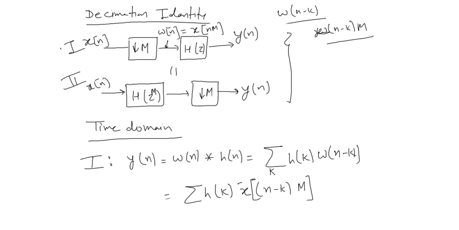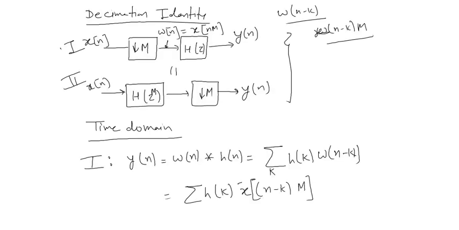Now for the second system, what will be the output? To do that, let's define the output here as v of n. What will be, first of all, the filter?